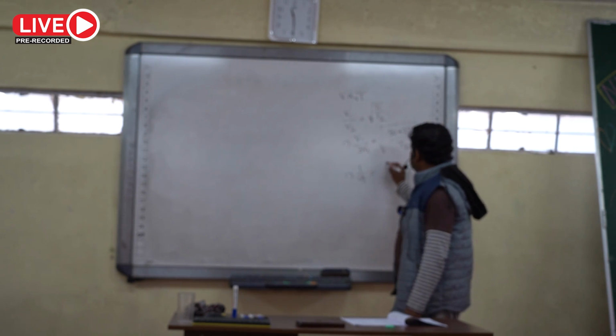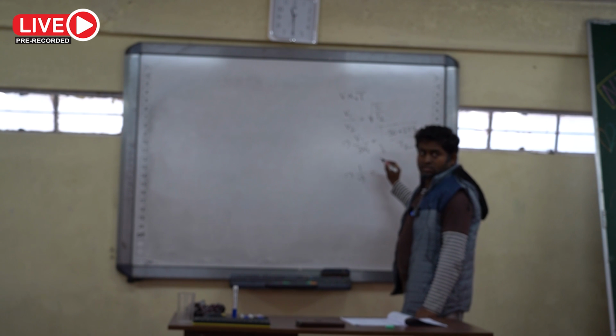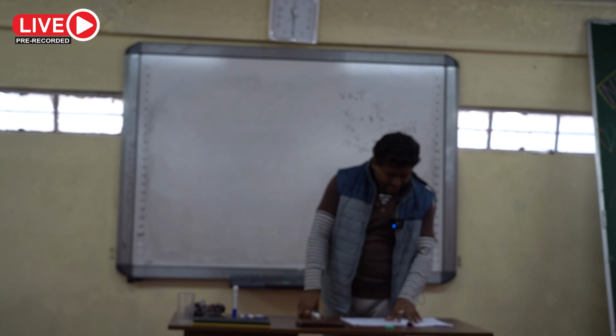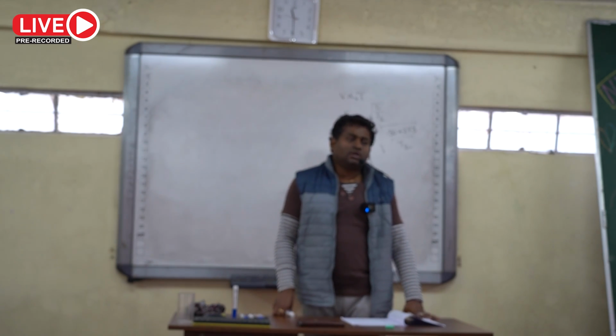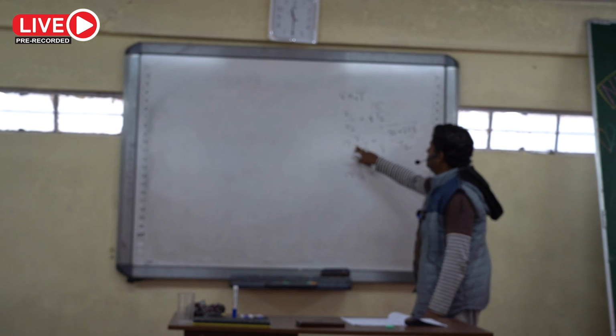It is said increased by 3 times. RMS speed is increased by 3 times, means V1 plus 3 V1, that is 4 V1. That's it.